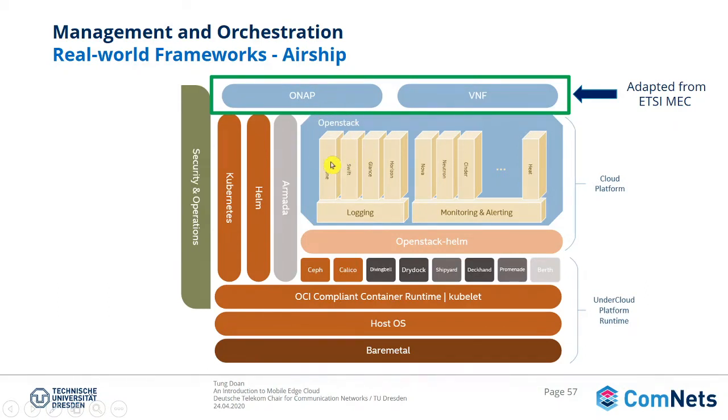And in the lower layer, we can see that OpenStack is also used in the Airship framework. There are several OpenStack services that can be used in Airship, for example, Keystone for the security service, Nova for the compute service, Neutron for the networking service, and Heat for the orchestration service.